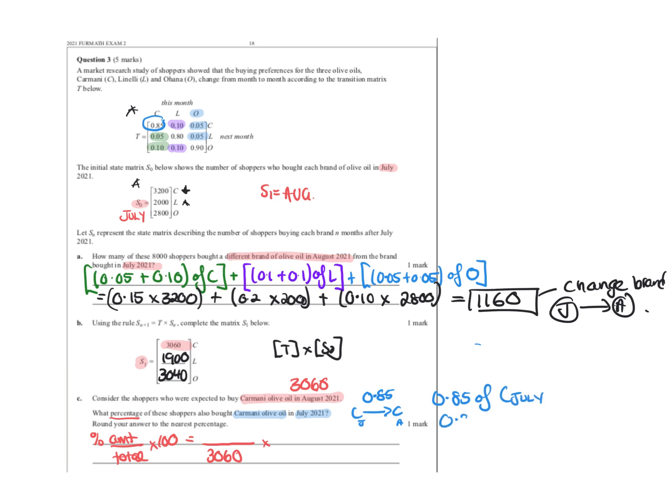If we change that to a sum, it's 0.85 times C in July, which was 3,200. And that ends up being 2,720. So of those ones, we want a percentage of the August ones. And then obviously when we're finding percentage, times 100, so the answer ends up being 89%.